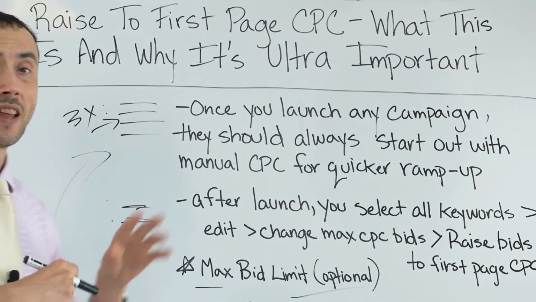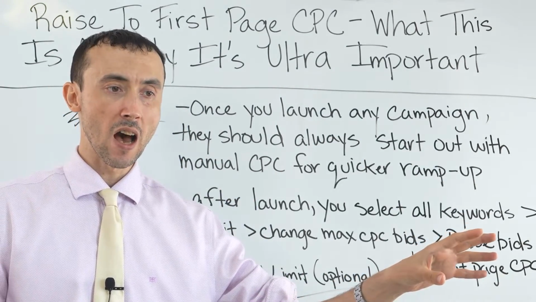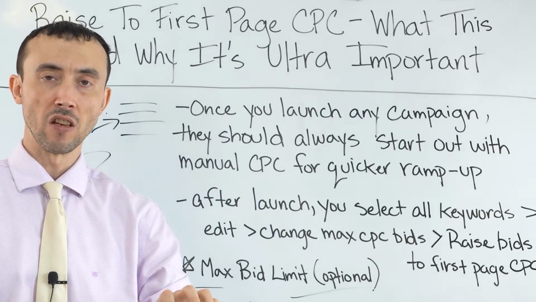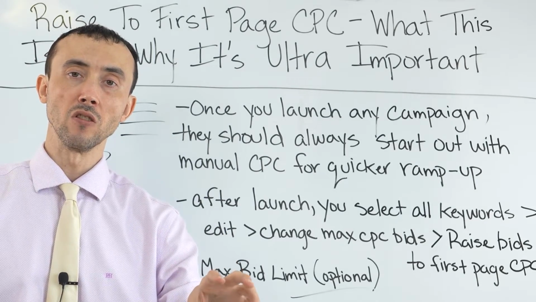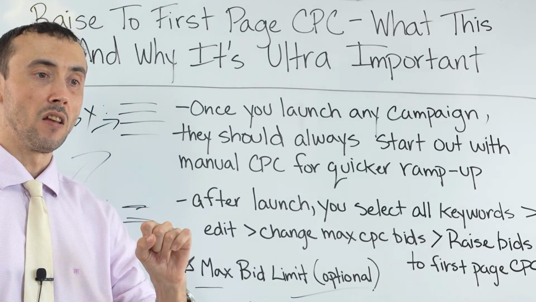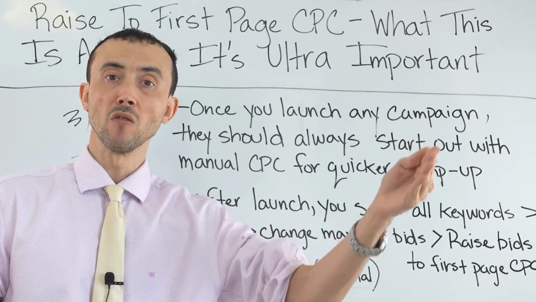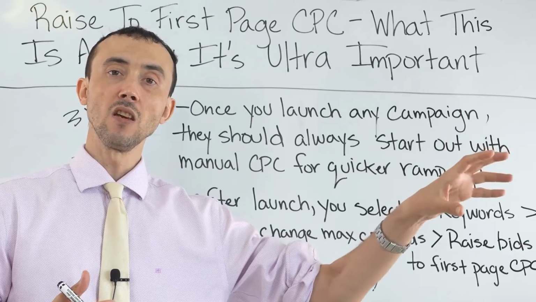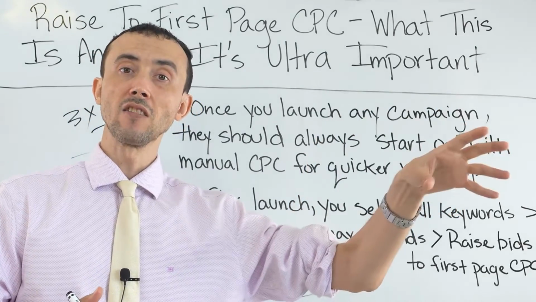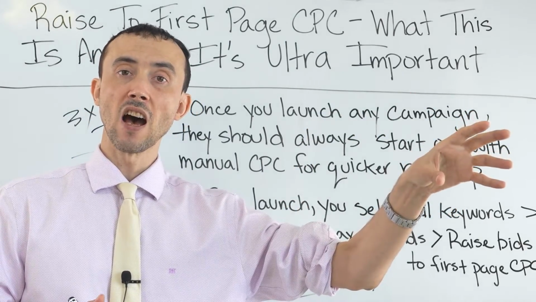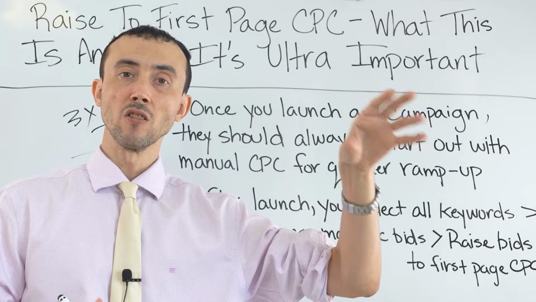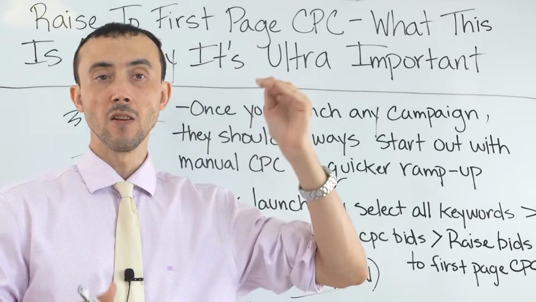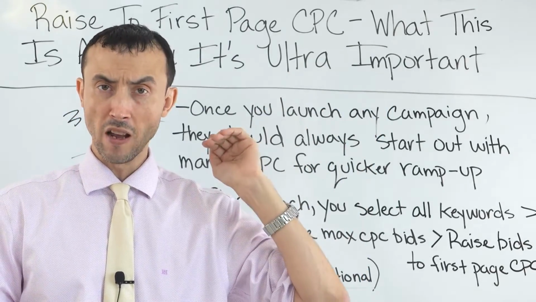So anyway, like I was explaining before, if you do a good job, then the required bid to get shown on the first page is going to be lower initially on the new campaigns and new keywords you have. And if a keyword is requiring too much of a bid to get shown on the first page, you could simply sit tight, take the keywords that are requiring a lesser bid, and give it enough time for your ads to run on those keywords to show the algorithm that Google has, that determines who gets shown and for what price, that you're getting good click-through rates and good conversion rates.